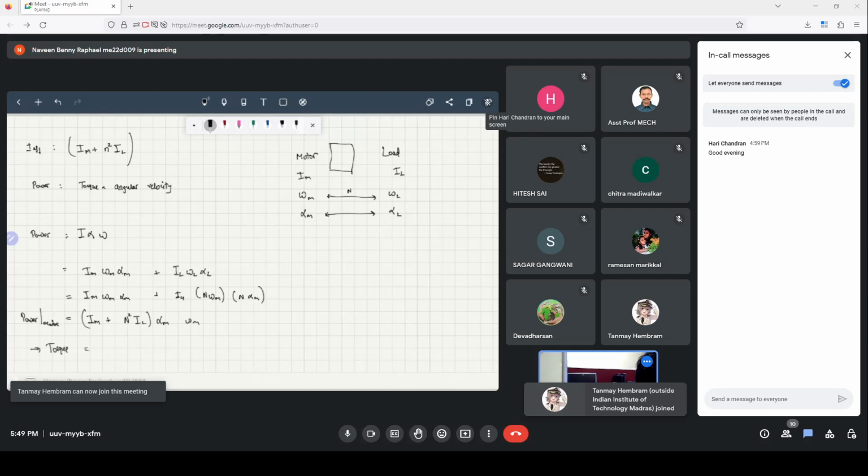So we'll get the torque as Im plus n square IL into alpha m. In fact, the next question given in the Bolton book is literally an application of this, just like that, without requiring any more thought.